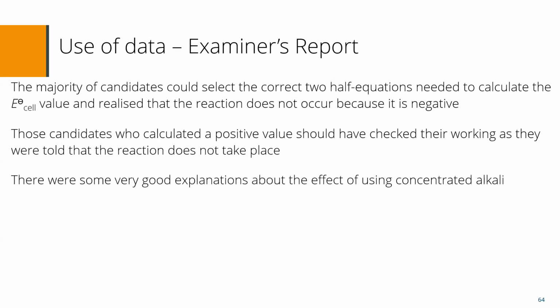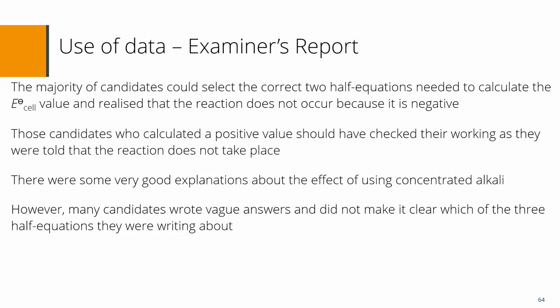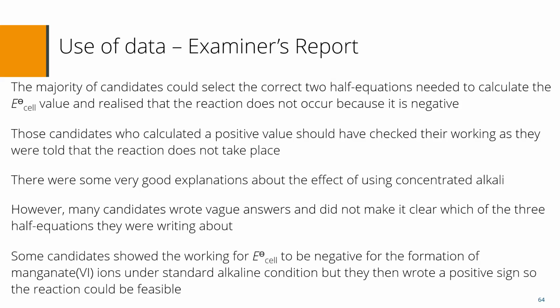But there you go. There were some very good explanations about the use of concentrated alkali. However, many candidates wrote vague answers and did not make it clear which of the three half equations they were writing about, so not being precise in their answers. Some candidates showed the working for E0 cell to be negative for the formation of manganate(VII) ions under standard alkaline conditions, but they then wrote a positive sign so the reaction could be feasible, so they doctored their results, which is rather silly.